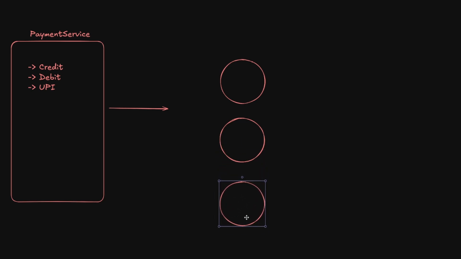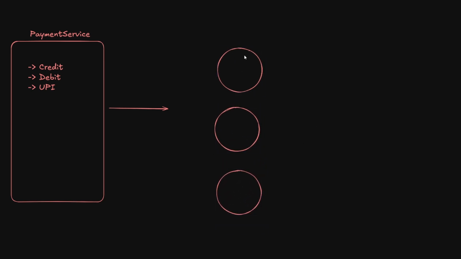I'll go ahead and say that, hey, this is my new credit class. Then this is my new debit class. And then this is my new UPI class.